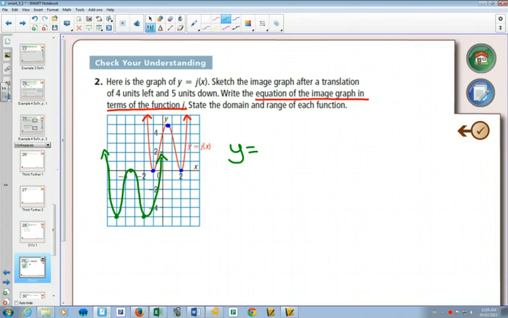We've moved it 4 to the left. So how do I write that inside the function? x plus 4. So we've got the opposite. Again, everything that's left and right is opposite. So if you moved it 4 to the left, then you'd have a plus 4 inside. And then the 5 down would be minus 5 at the end.